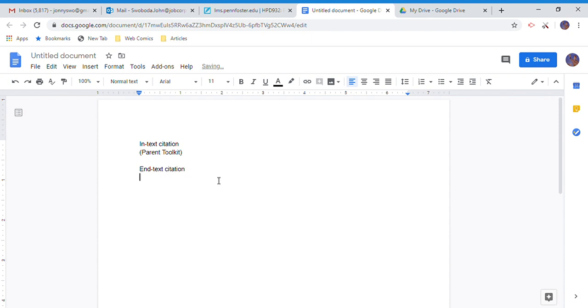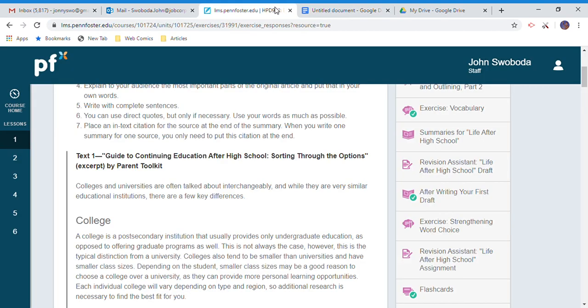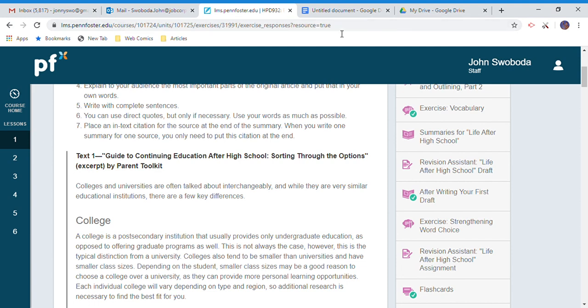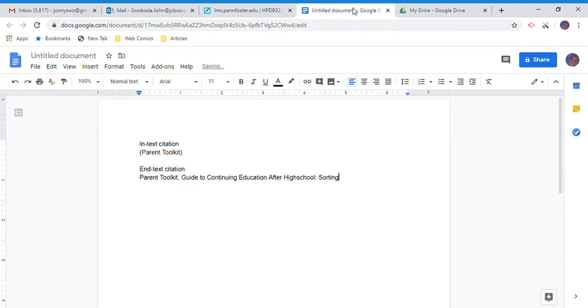citation will look like this. Parent Toolkit. And then that whole title. Guide to Continuing Education After High School. What was the subhead? Sorting through the options.